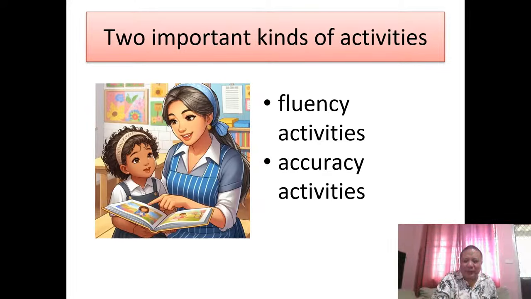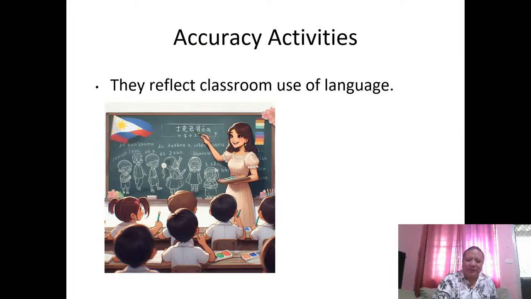So let's start out with accuracy activities. Accuracy activities reflect classroom use of language. In classroom use of language, you focus on accuracy. Otherwise, you might not get the right feedback from your teacher or from your classmates.